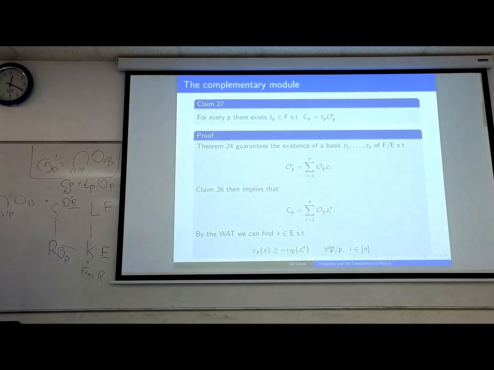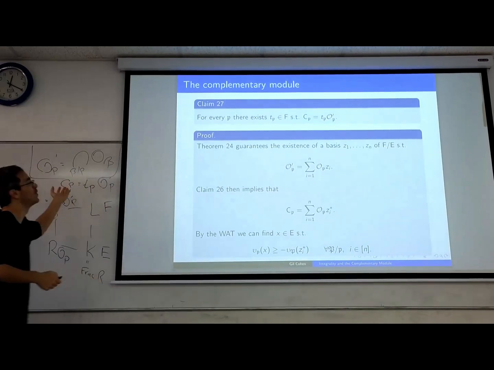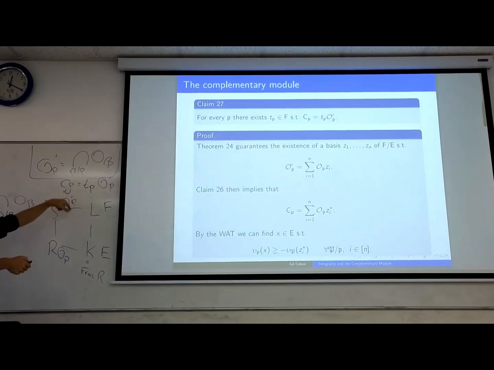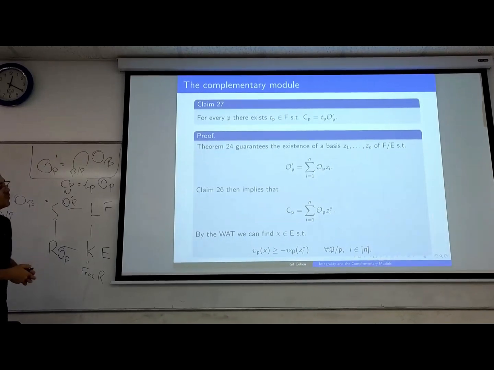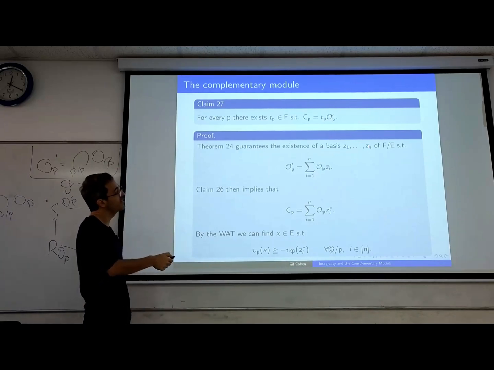Right, exactly. And then the question is, who cares about TP, of course? But you'll see. I'm introducing another object I don't care about and then tell you it's very related to the object you do care about. So first of all, theorem 24, which I skipped, but that was related to your question, guarantees that there is always a basis which is a local integral basis.